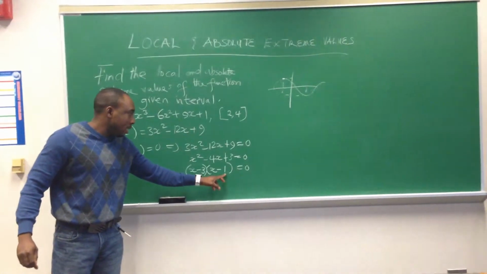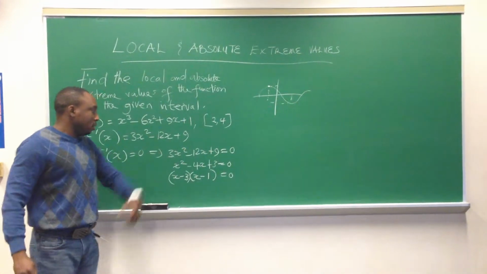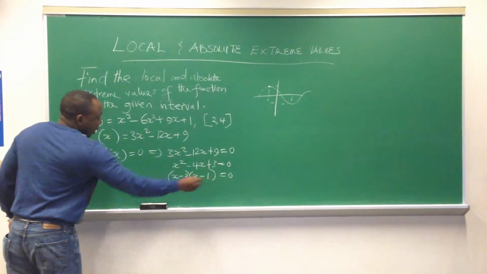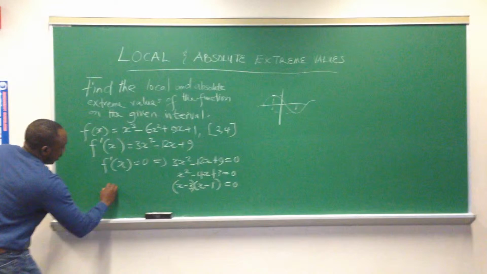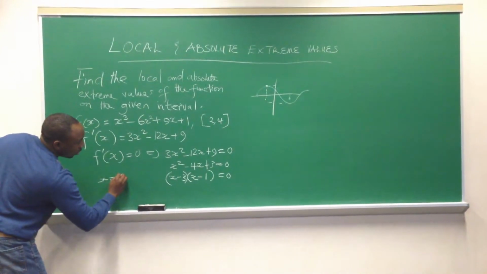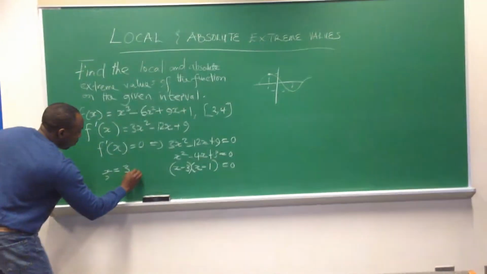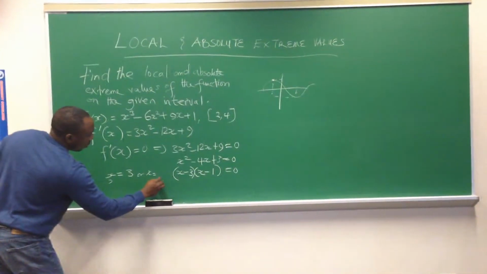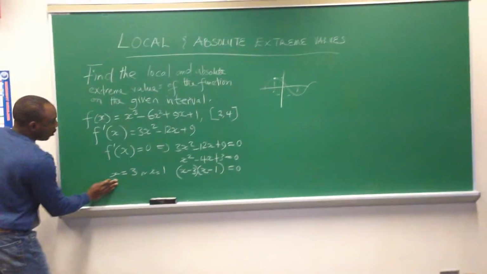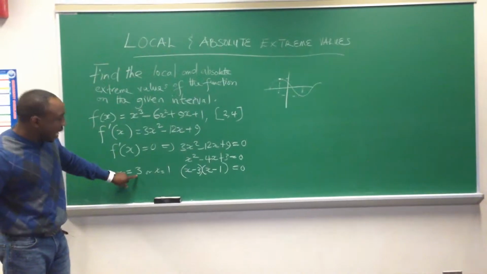Negative 3 multiplied by negative 1 gives you plus 3, and when you add them up, you get negative 4, so we're right. So the zeros of this function will be x equals 3 or x equals 1.